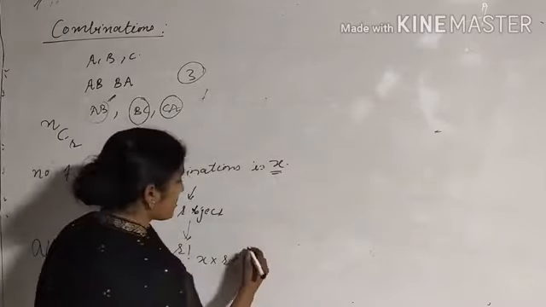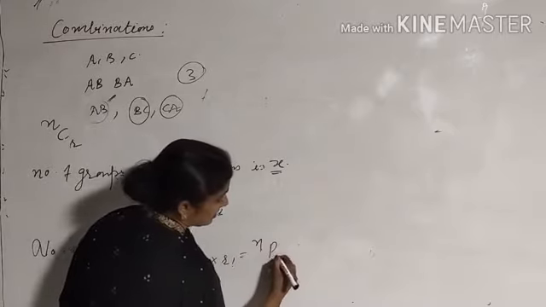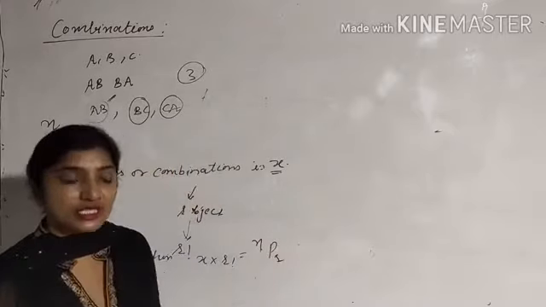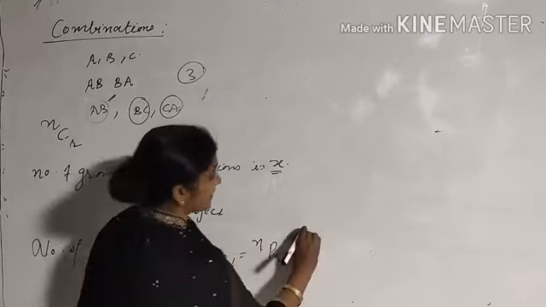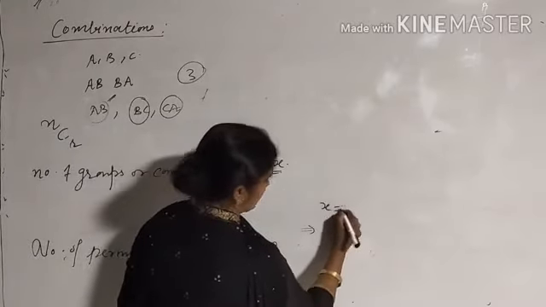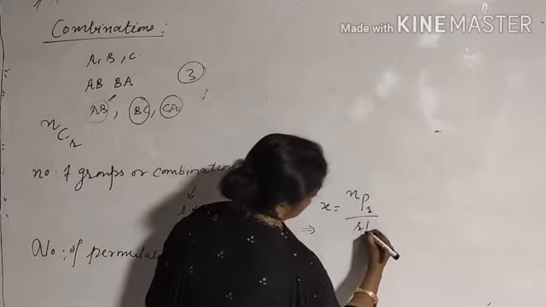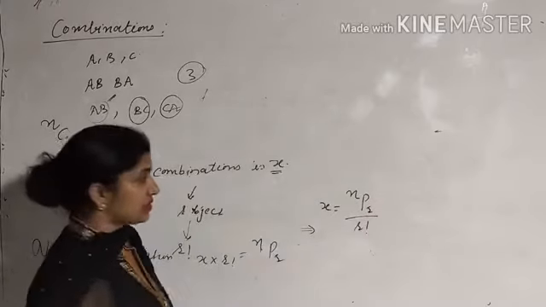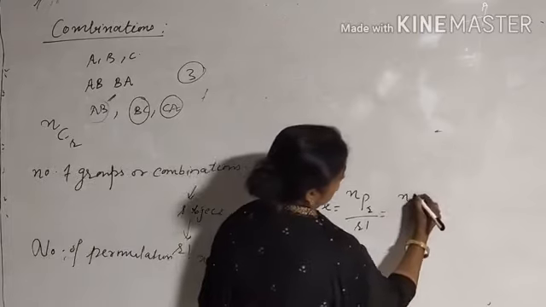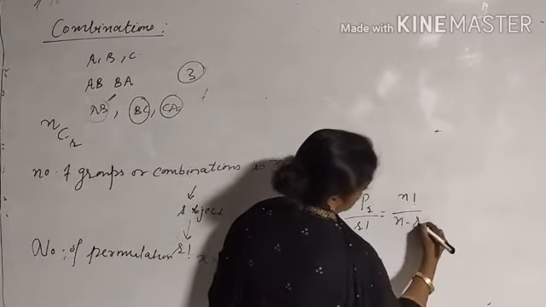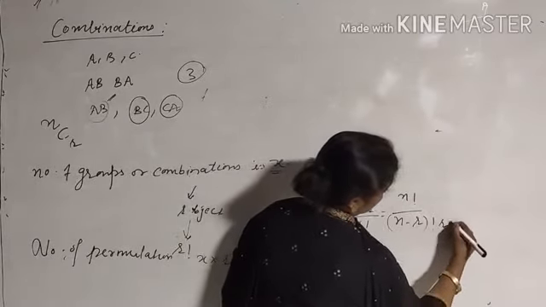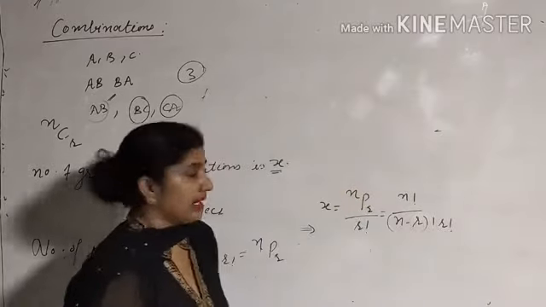But the total number of permutations was NPR, as I told you earlier about permutations. It means that X is equal to NPR divided by R factorial. So this is equal to N factorial upon N minus R factorial into R factorial. And what is X?